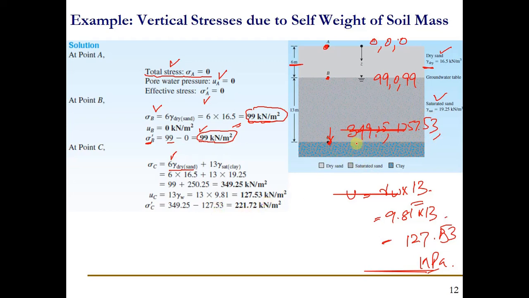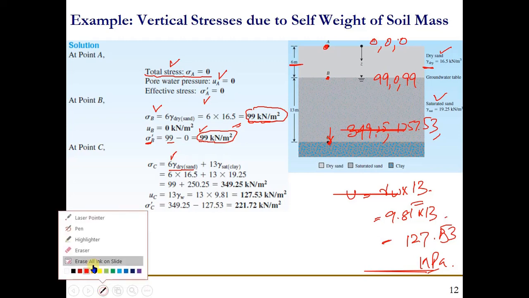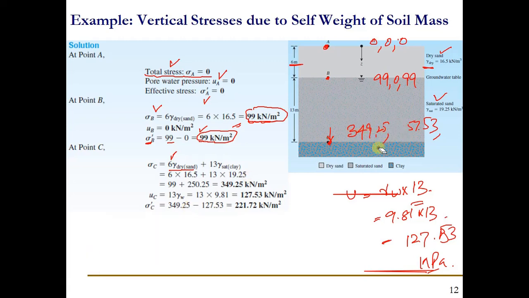And if you subtract the pore water pressure from the total stress, we need to write it a bit clearly.